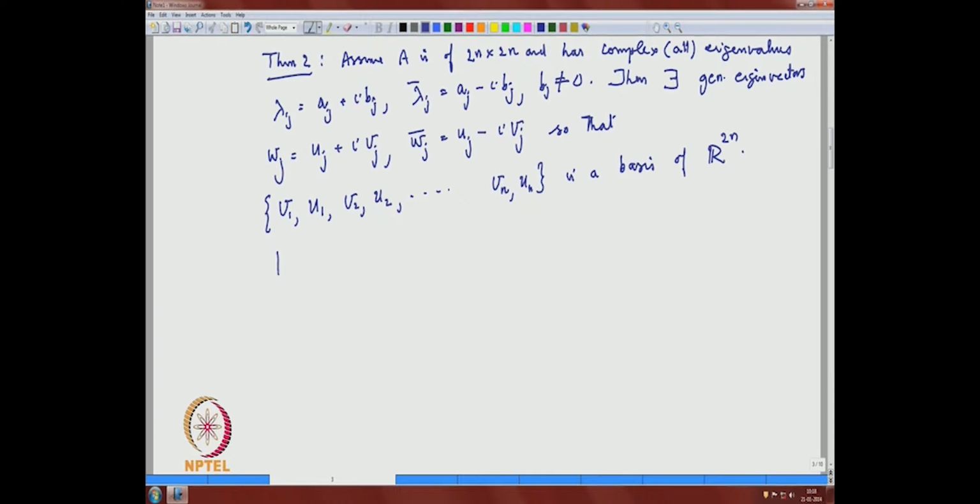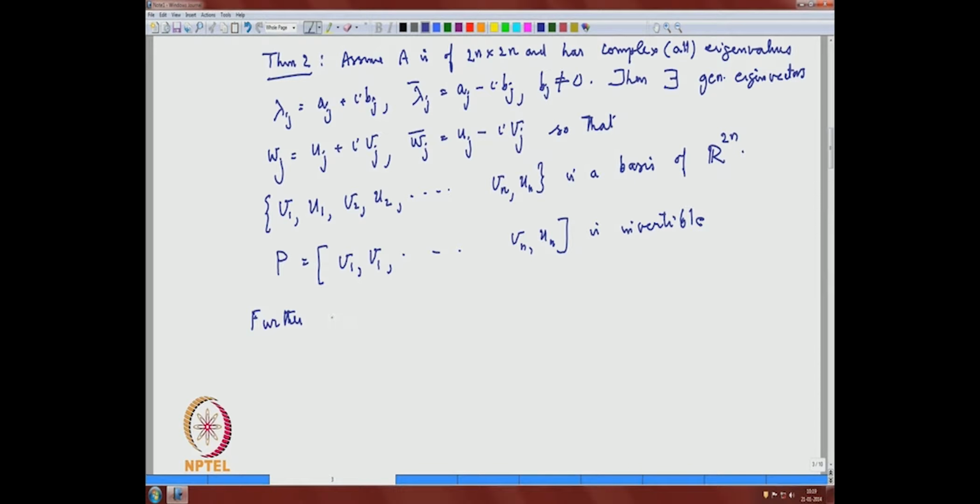So write your matrix P with these columns, which are all column vectors in Rn. It is a 2n by 2n matrix and is invertible. Further, you have the same representation, the only thing is that it is complex.